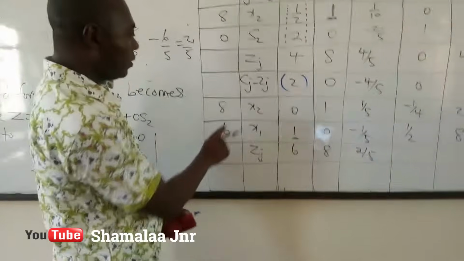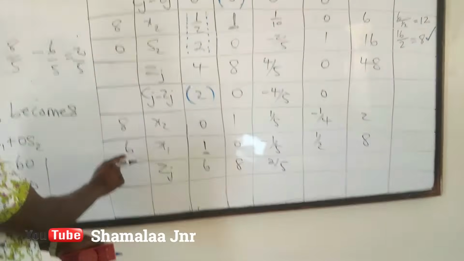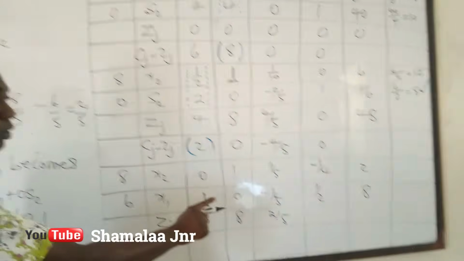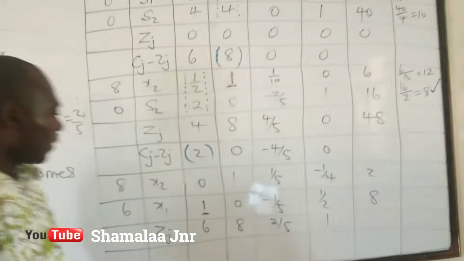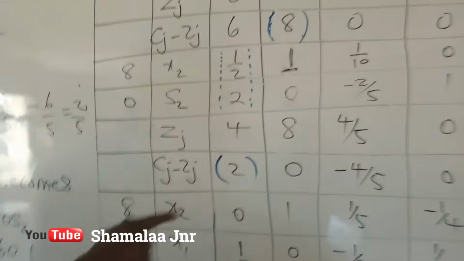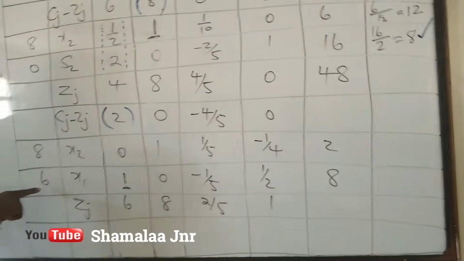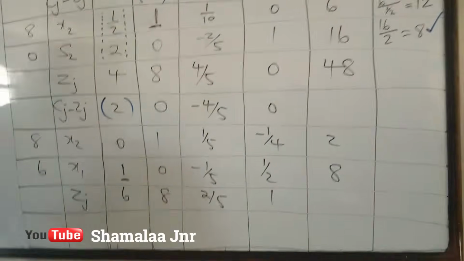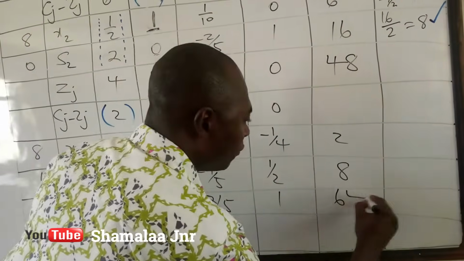Then the next one, 8 times negative 1 over 4 will be negative 2 plus 6 times 1 over 2, which will be 3. So negative 2 plus 3, that is 1. The next one, 8 times 2 is 16, and then 6 times 8 is 48. So 16 plus 48 will be 64.